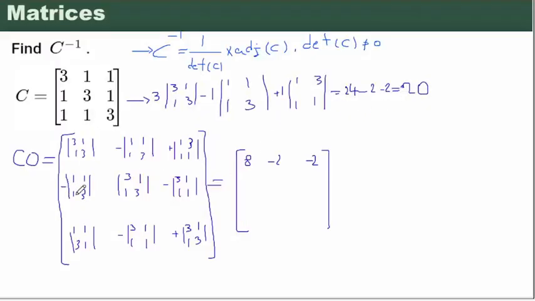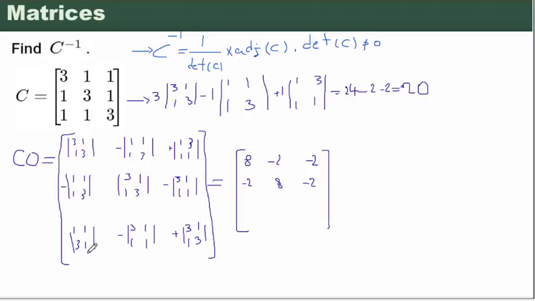So now I will go for the second row. 3 minus 1 would be 2. 2 times negative gives me positive, so it would be 8. I will write 8 here. It would be 2, so negative 2 here.